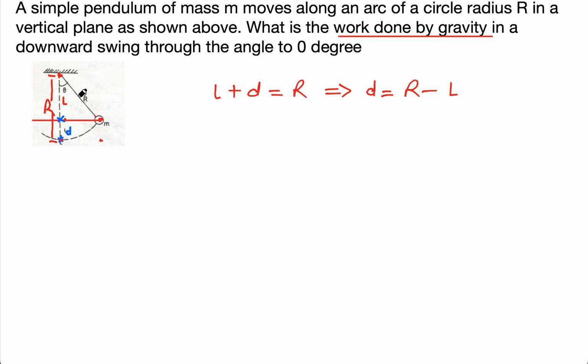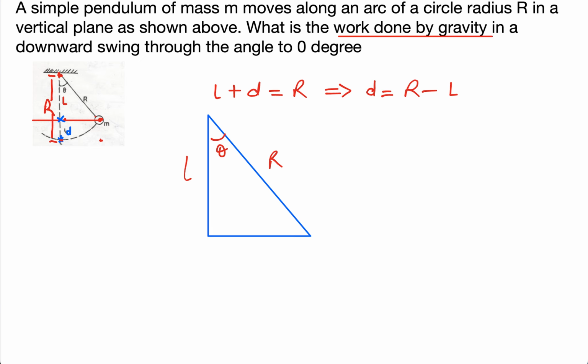But from what we know here, this particular thing is a right angle triangle, and I can bring that right angle triangle out. With this right angle triangle, we know that the hypotenuse is R, this side is L, and this angle is θ.